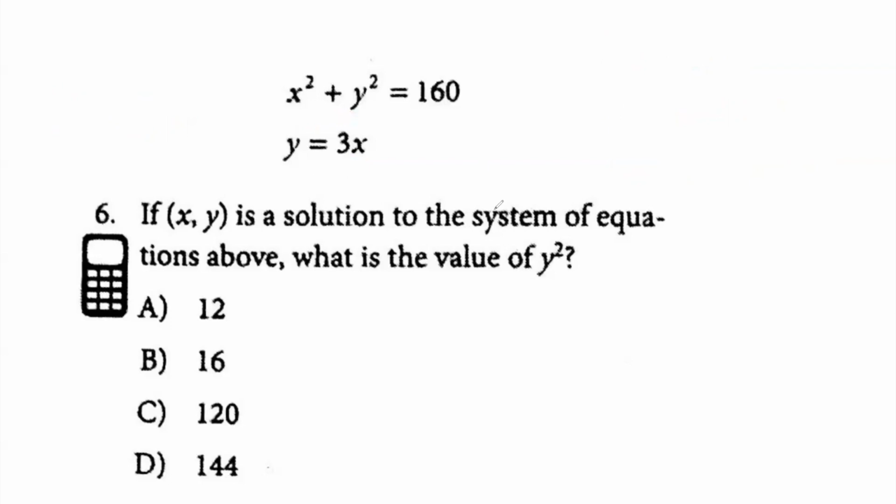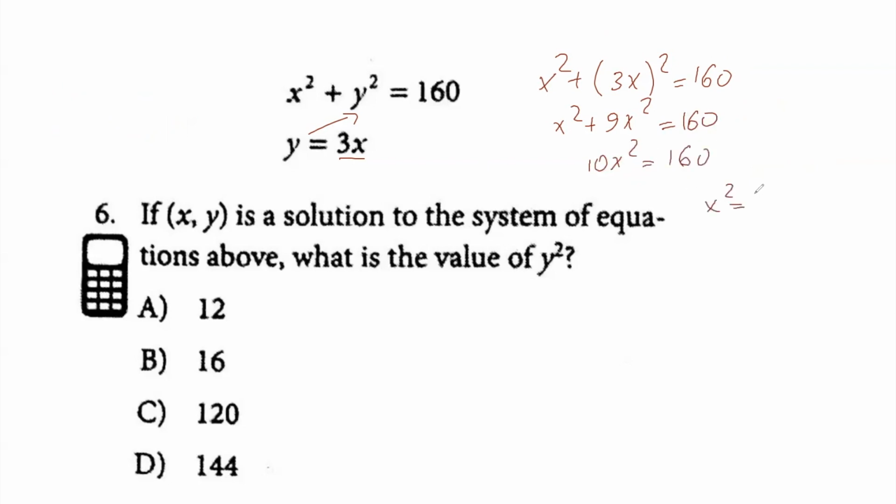In question 6, they say y is 3x. We just need to substitute: x squared plus, instead of y, 3x squared equals 160. This is x squared plus 9x squared equals 160. 10x squared equals 160, which means x squared equals 16. x is 4 and minus 4, x1 and x2.